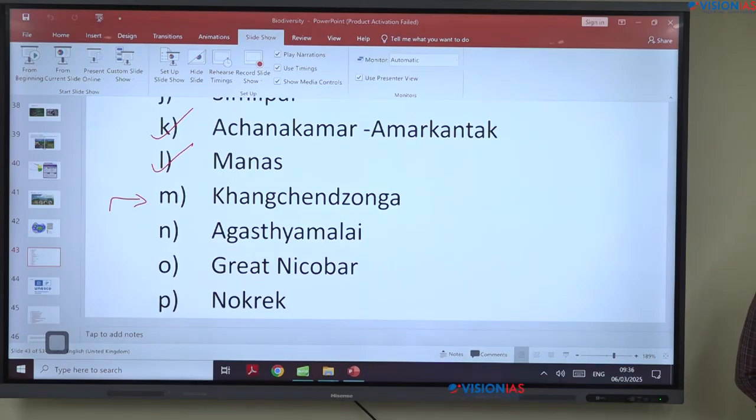It is the only World Heritage Site from India which comes under mixed category.